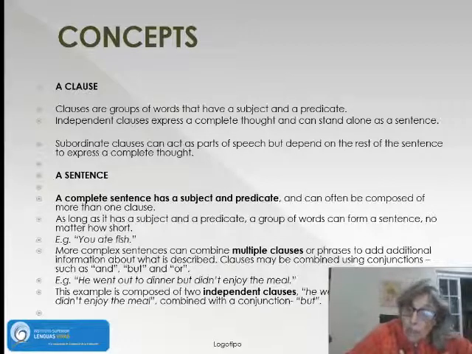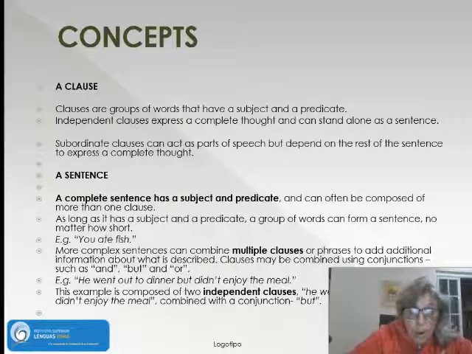A subordinate clause depends on another sentence to express a complete thought. For example, I was sitting at home while somebody knocked at the door.